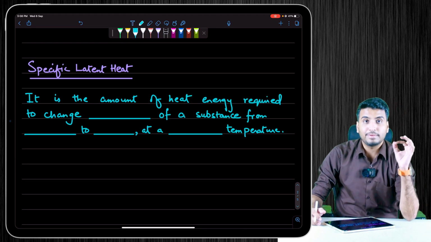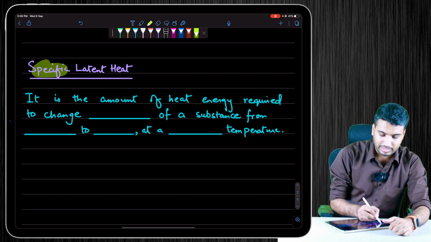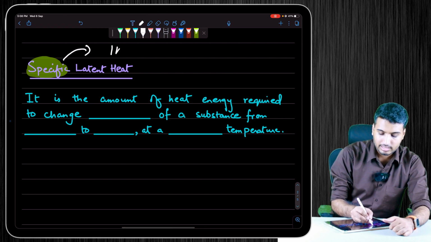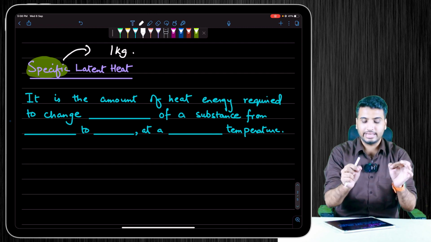Alright, specific latent heat. Specific, in physics, means 1 kg. All of the definition is the same as latent heat.